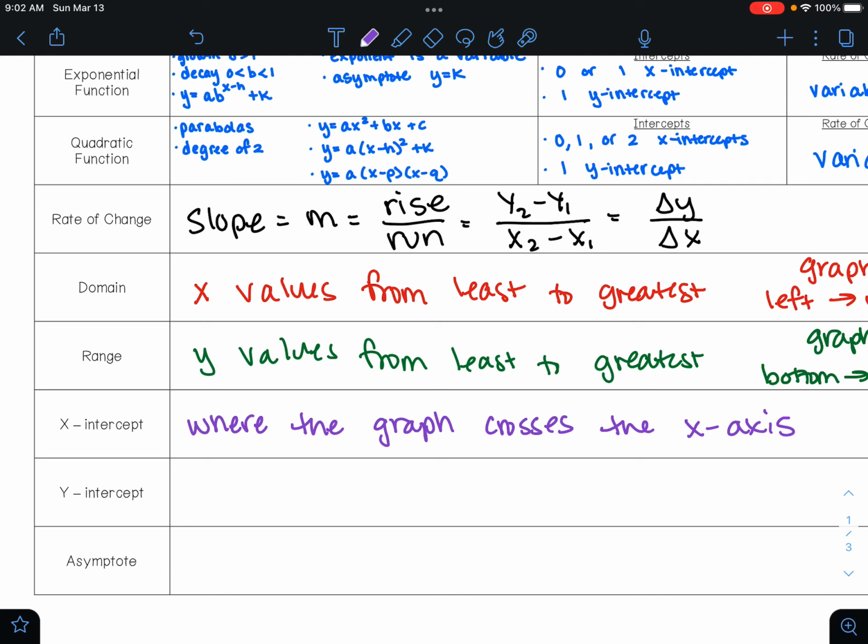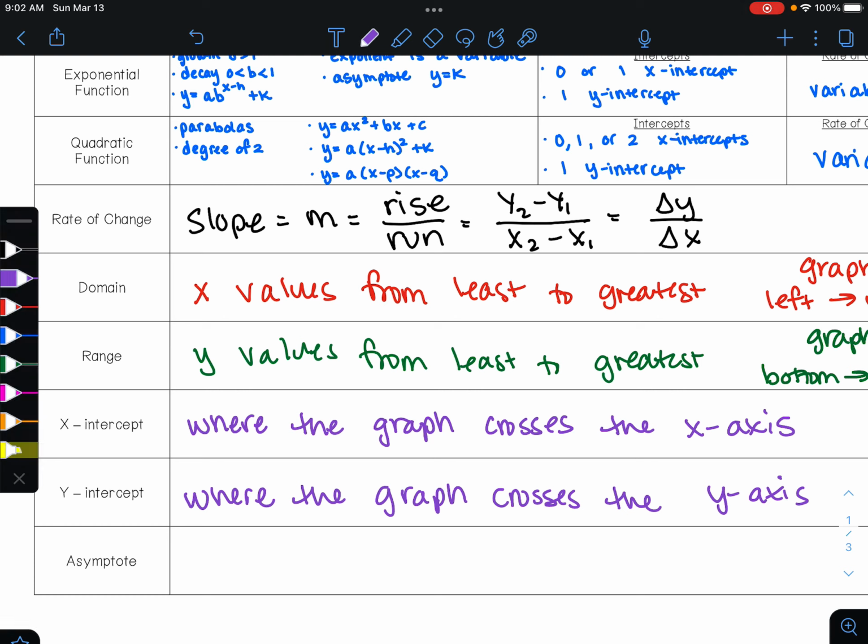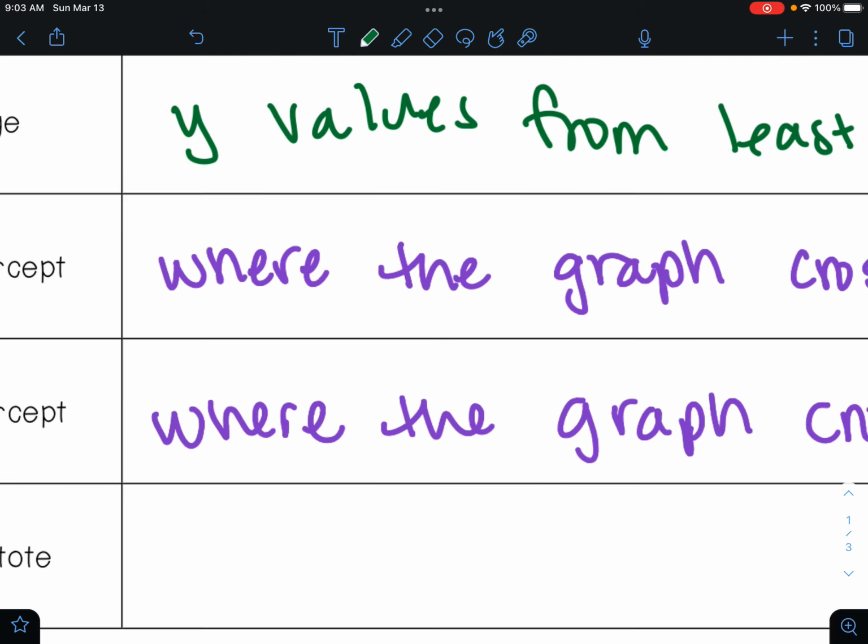Your y-intercept is where the graph crosses the y-axis. And your asymptote, if we're talking about linear, exponential, and quadratic functions, this only occurs for exponential functions.